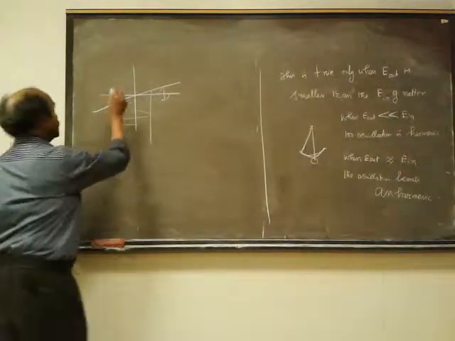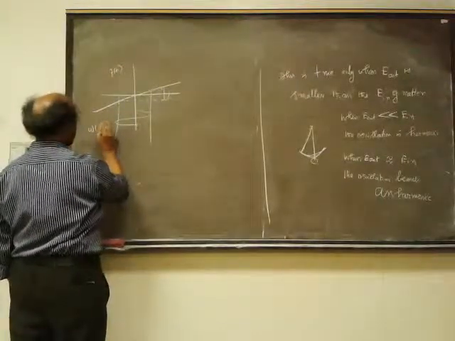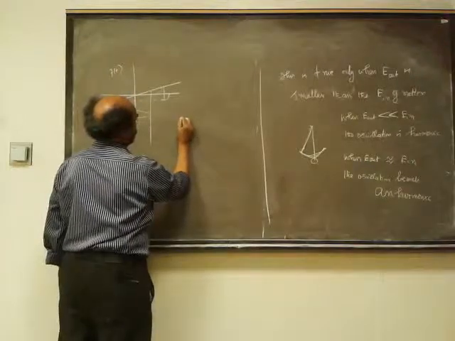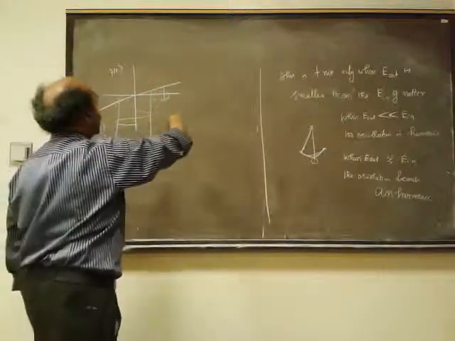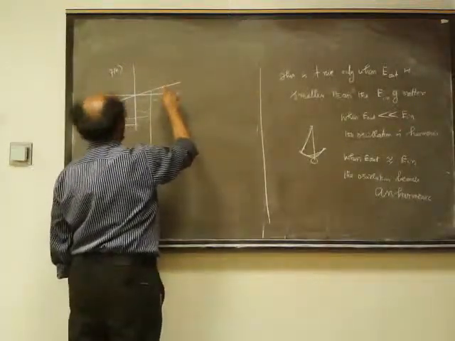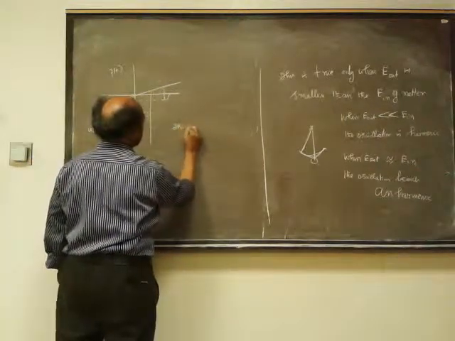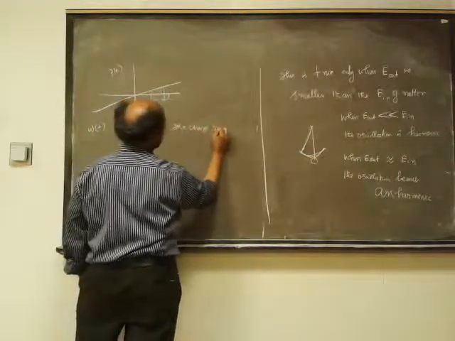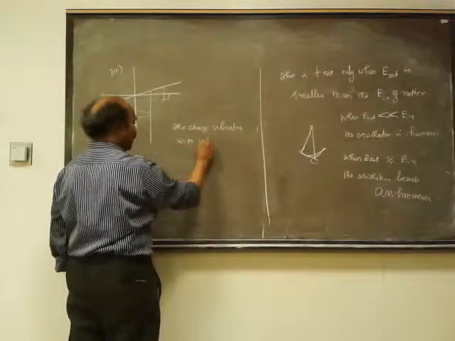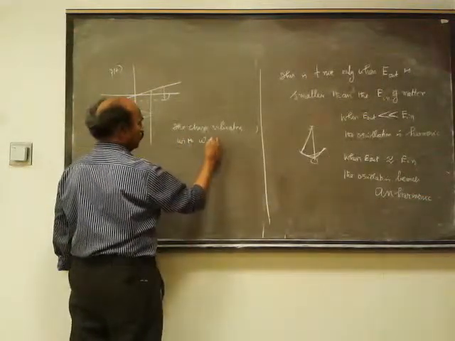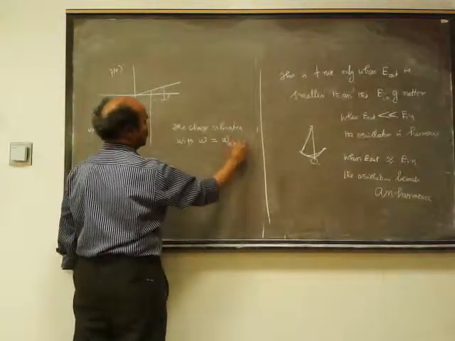The most important is this is Vt, this is external frequency omega t. Since charge is vibrating, you will get light of same frequency as the incident light. That's all. The charge vibrates with omega, which is equal to omega out.